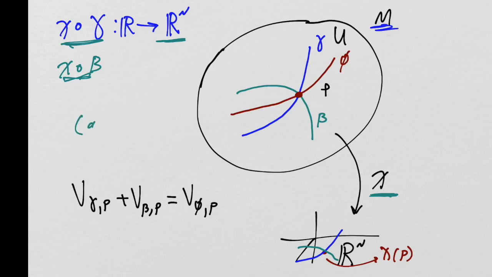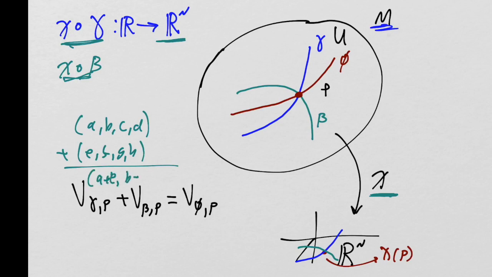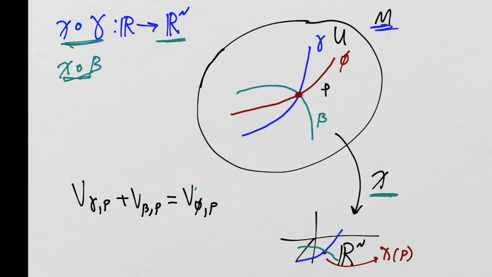I guess we could say A, B, C, D plus E, F, G, H, here's 4 tuples. Well, that equals A plus E, B plus F, C plus G, D plus H. So we can imagine that. That's not hard. That is, by the way, how you would define addition in Rn, right, if you had to. So with that in mind, let's consider the following curve.